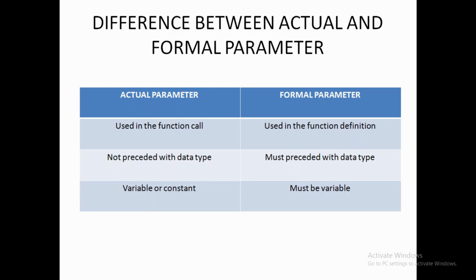Often this question comes in your ICSE examination, the difference between actual parameter and formal parameter. So whatever we have learned, I have tabulated here. Actual parameters are used in function call. We have seen just in the previous slide, and the formal parameters are used in the function definition.